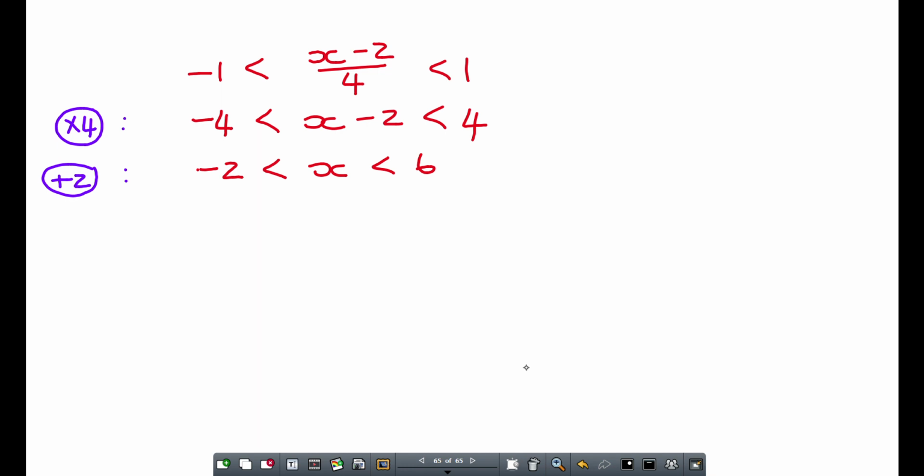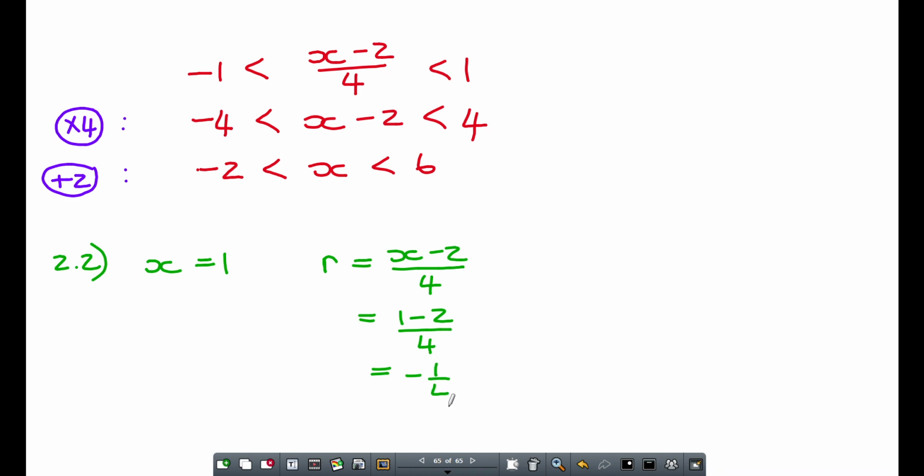Okay, then 2.2. They ask you to determine the sum to infinity if x is 1. So if x is 1, now you have to substitute it into that r equation. So r was x minus 2 over 4, but now we say 1 minus 2 over 4, in other words r is minus a quarter. Okay? Then we also need to get the a value.